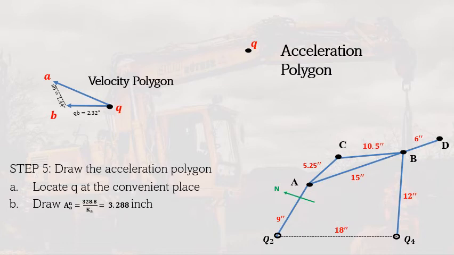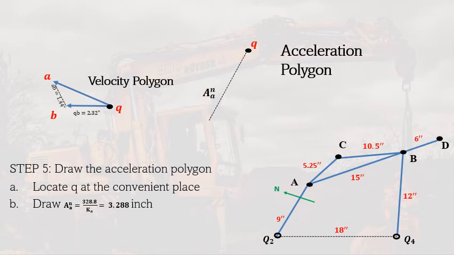Take note that the acceleration of A normal has a direction towards Q2, because it is the normal component of A, its acceleration is towards the center of rotation. So we draw a line parallel to that from Q, whose length is 3.288 inches, which we computed using the space scale.